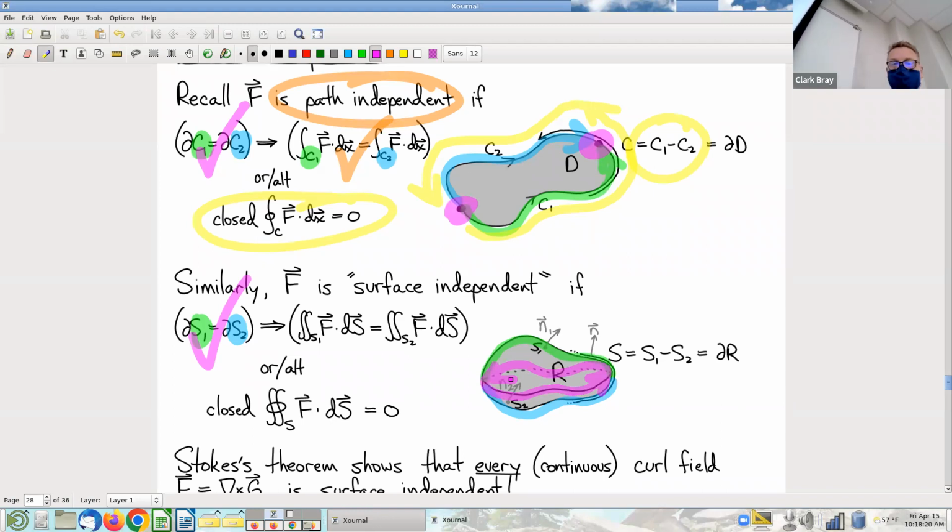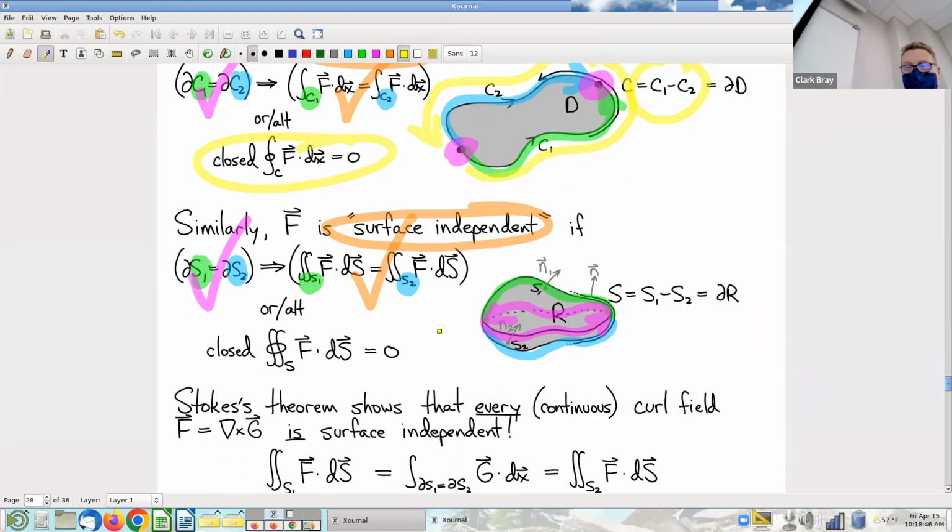But if they have the same boundary, surface independence means that those two flux integrals are the same. Again, a property of the vector field, flux through the first surface, flux through the second surface, exactly the same thing. And now again, there's an alternative formulation. These two integrals being equal is the same as saying that their difference is 0, and their difference is a flux through this kind of combined surface here. And so it's equivalent to say that closed flux integrals are 0.